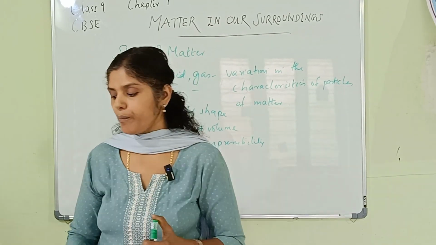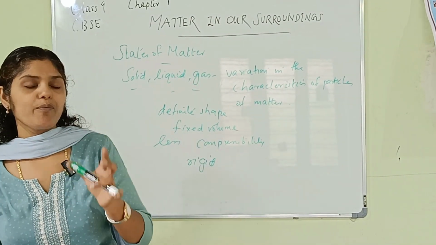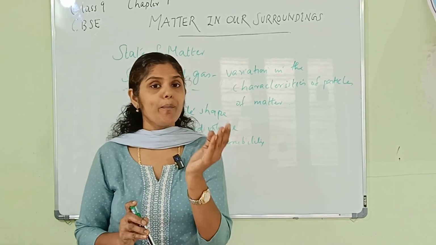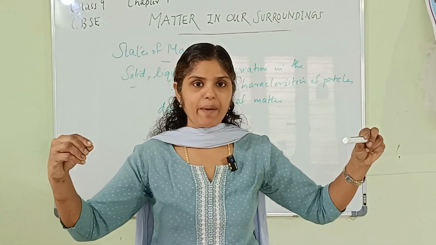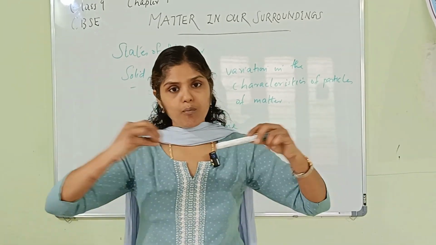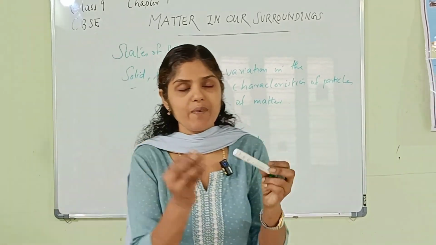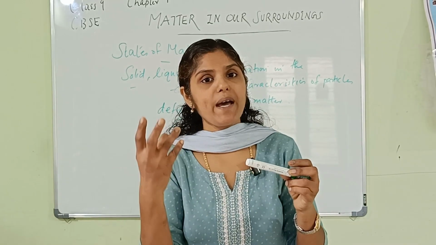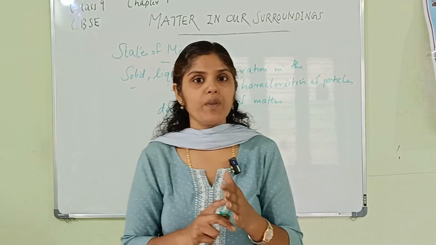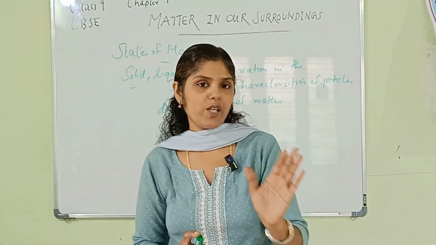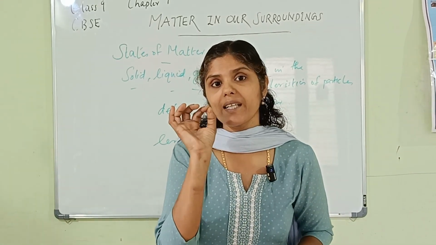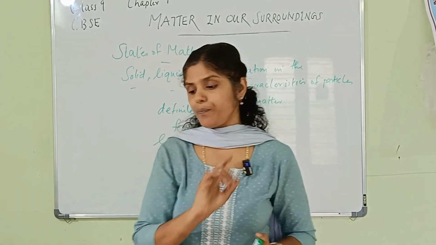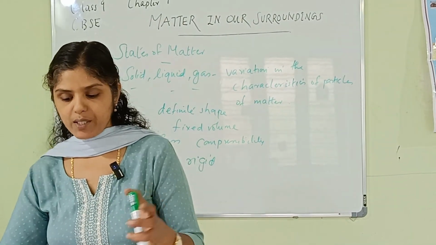Yes, it is a solid because it retained or maintained its shape after releasing. When we release the rubber band, it goes back to its same shape. That is rigid. That means it is an example of matter which exists in solid state. So that is about the rubber band.